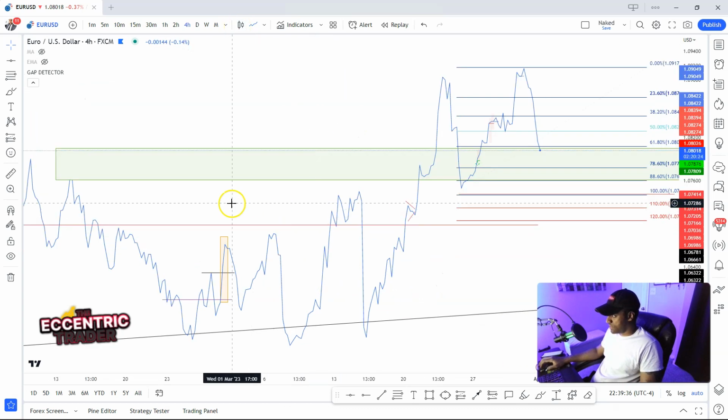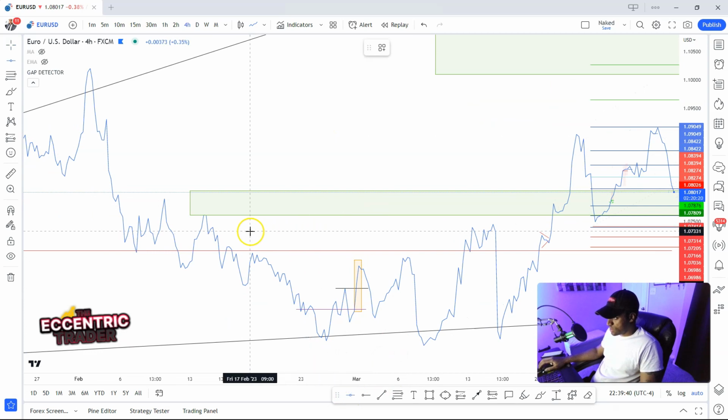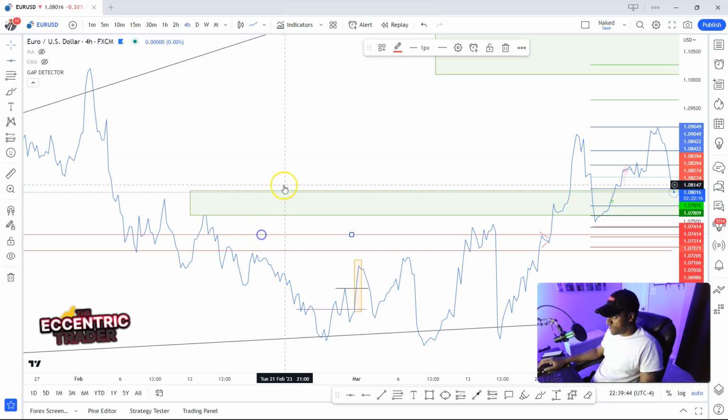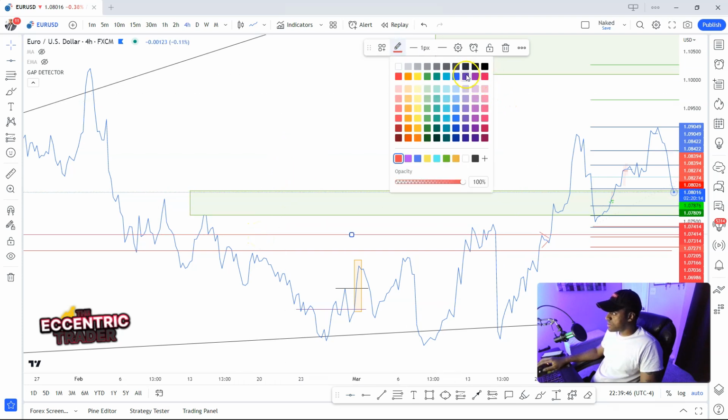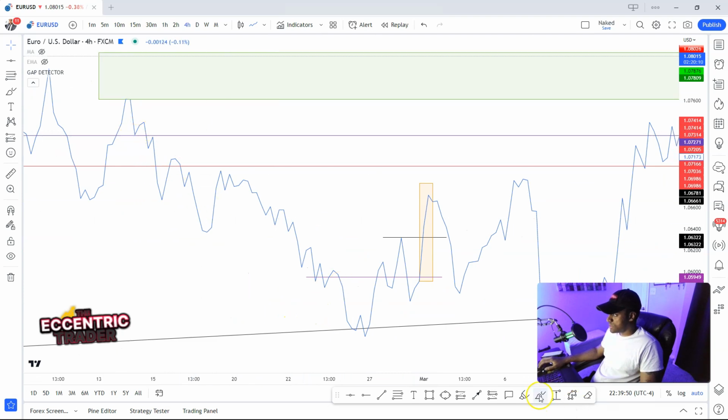So let me see if I can find one real quick. Okay, I see one right here. What color is it? Purple. See these 2 right here? Let me circle it. Right there. Touch.